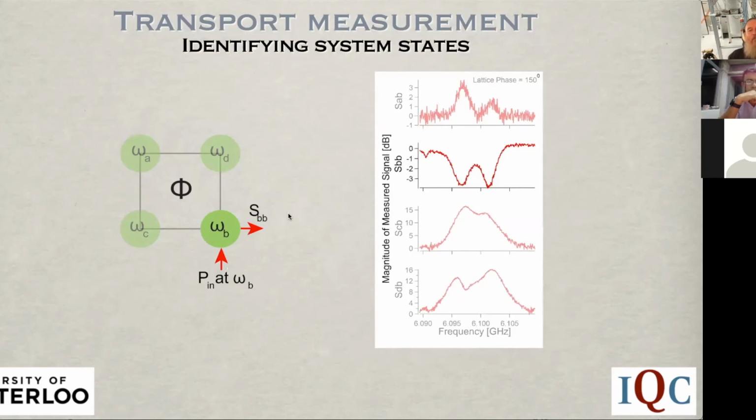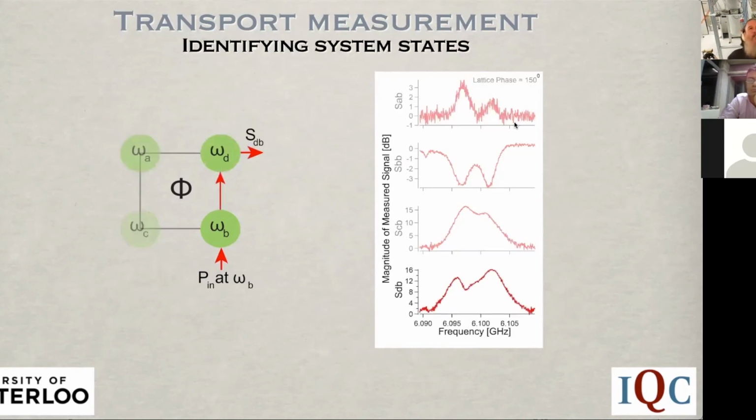But now I can put in a signal at omega B with my lattice on, and then look at what comes out at omega A. So I get transmission from B to A, which is actually a kind of frequency conversion transmission. Yeah, so it's frequency conversion, which is transport in our synthetic lattice.